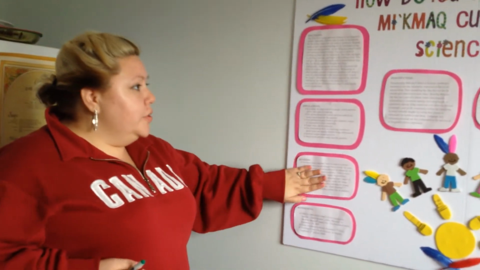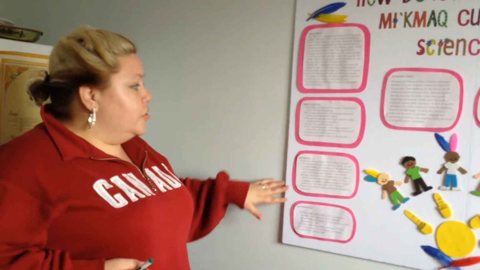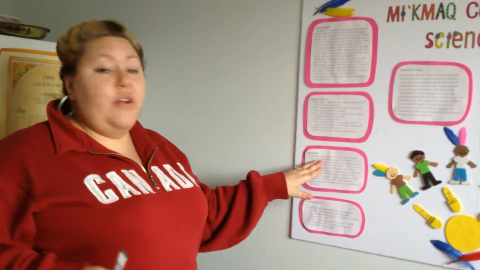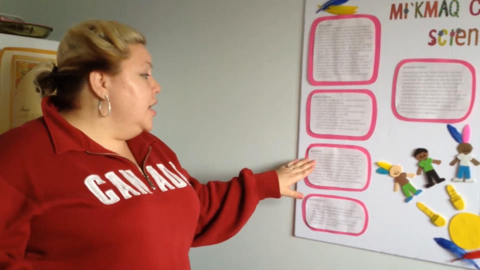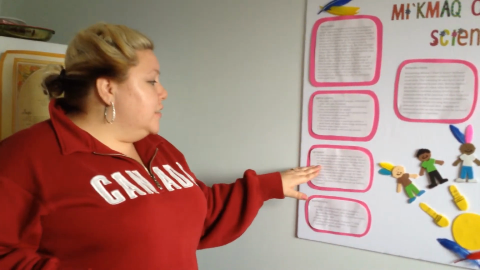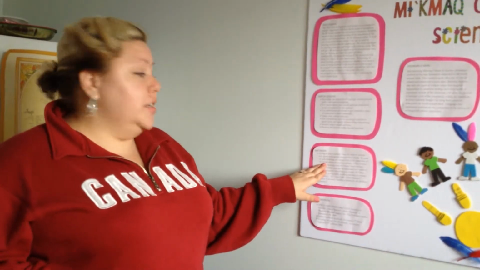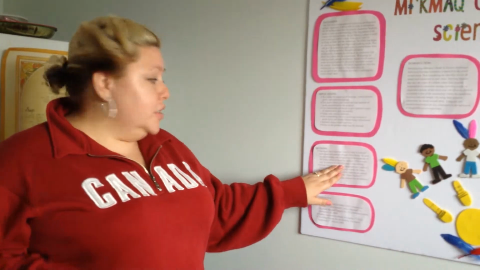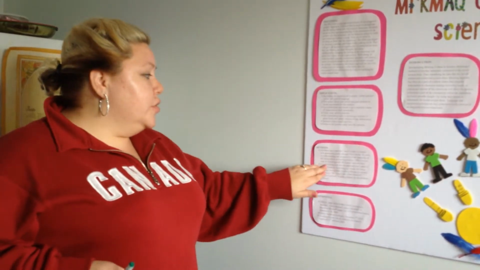The methods I used to find the answers to my question. Facebook was a method that I used in order to connect with grassroots people throughout Nova Scotia to gain an understanding and perspective of the importance of the Mi'kmaq culture in teaching science. This is my way of consulting with the Mi'kmaq community first. Next, I used Google Scholar.